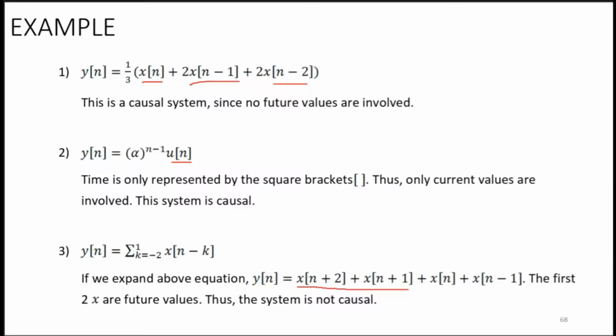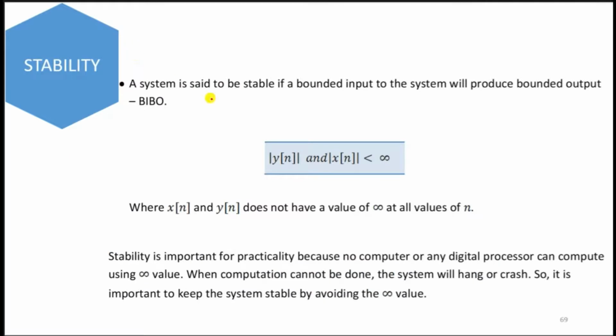Now, stability. A system is said to be stable if a bounded input to the system produces a bounded output. So BIBO: bounded input, bounded output. So y[n] and x[n] are smaller than infinity, where x[n] and y[n] do not have a value of infinity at any value of n.